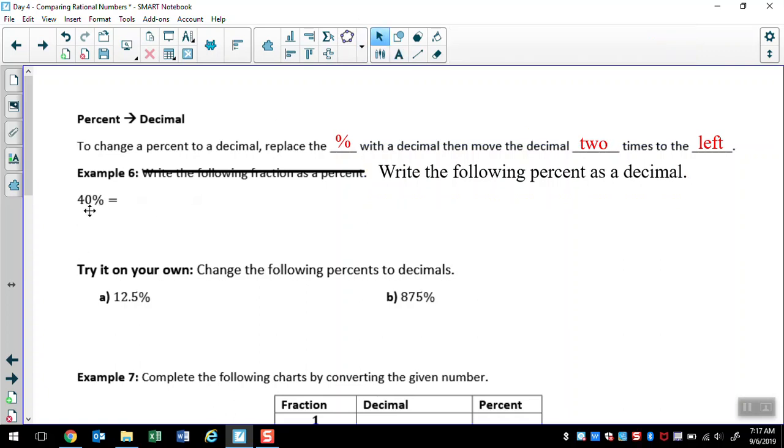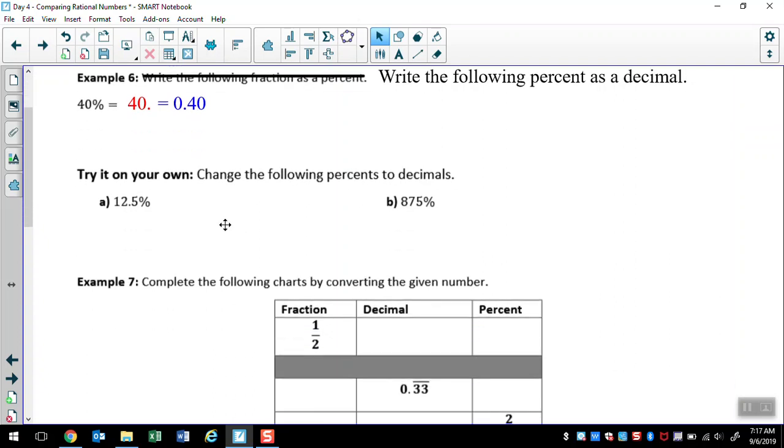Okay, so we have 40%. First we replace the percent sign with the decimal, and then we move that decimal point 2 times to the left, and it lands in front of the 4. I always put a 0 in front of my decimal point if there's no other numbers there. So I get 0.40. All right, I want you guys to try these two on your own. Pause the video now.